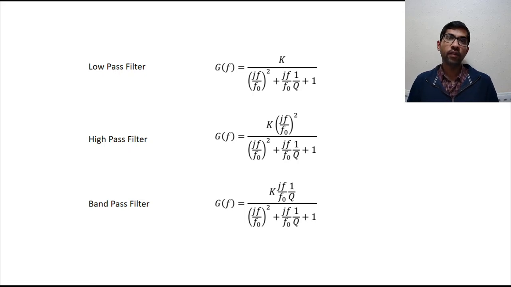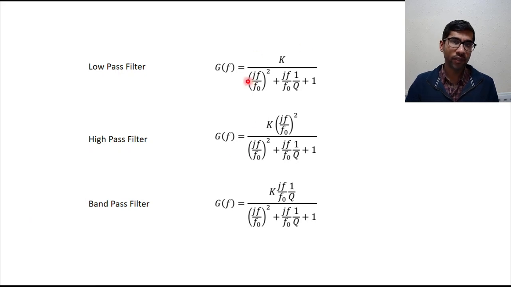Hi, in the previous video, we looked at a particular circuit and we tried to derive the input output relationship for it. And then we compared it, if you remember, with the low pass characteristic that is shown here, right?